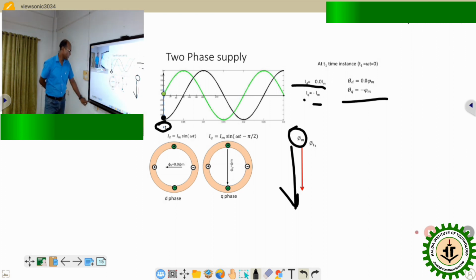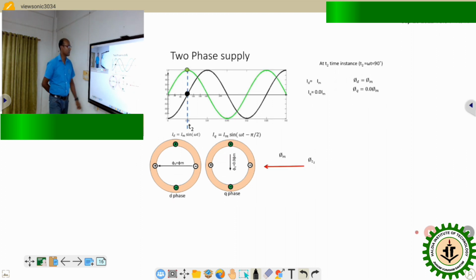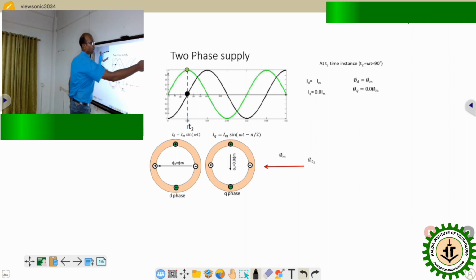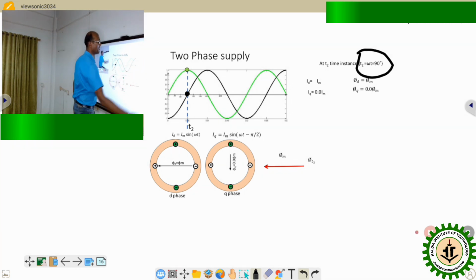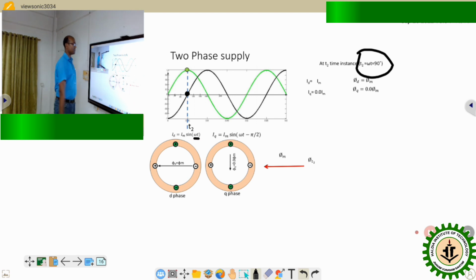Now next, suppose time instant t2, where we consider omega t equals 90 degrees. Putting that here, we get Id equals Im, whereas Iq equals 0.